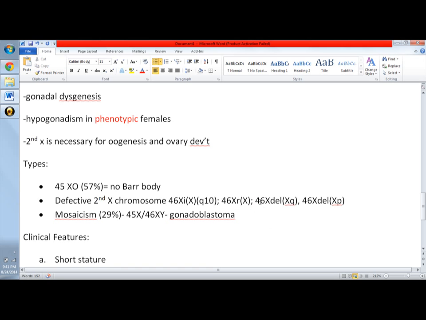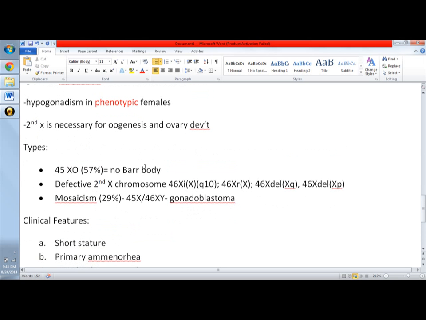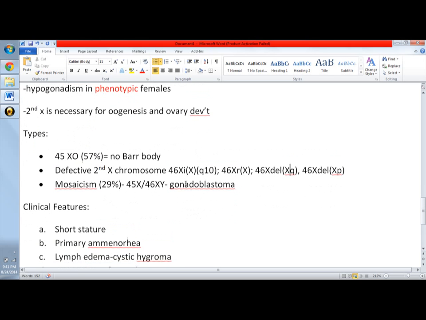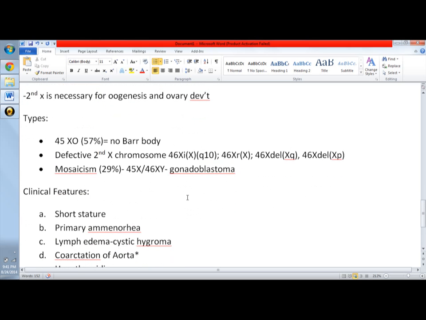In this one, there is deletion of portions of the short arm, since it's p, and this is the deletion of a portion of the long arm. For the mosaicism, there are two or more cell lines, one of which is 45,XO, and they don't completely express the classical phenotype because they have a wide range of clinical severities.